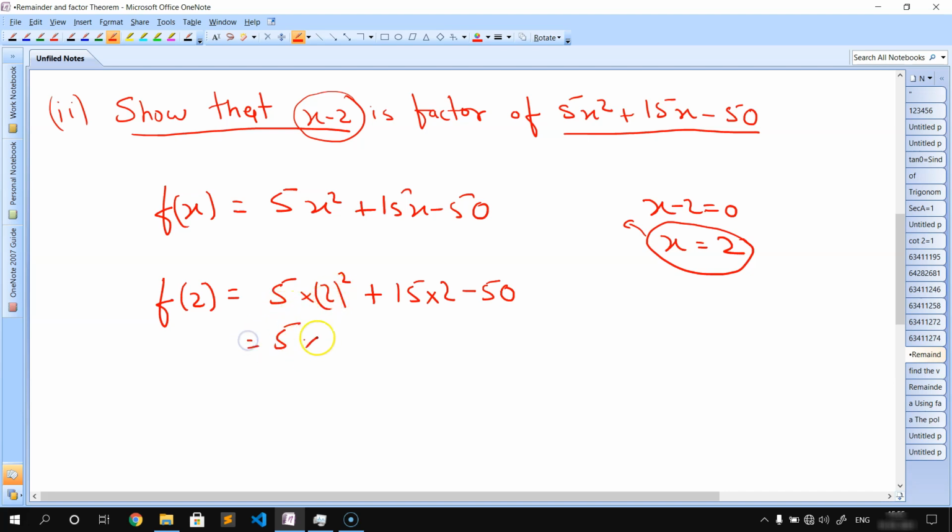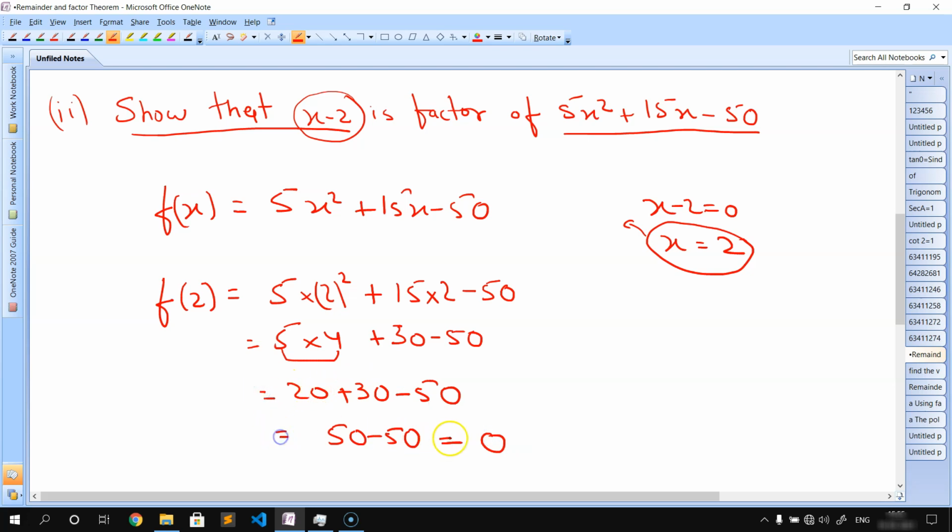It will be equals to 5 into 4 plus 15 into 2, which is 30, minus 50. 5 fours are 20, plus 30, minus 50. So it will become 50 minus 50, which is equal to 0. So the remainder we are getting is 0, which means x minus 2 is a factor of 5x square plus 15x minus 50.